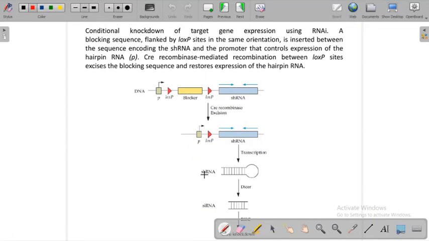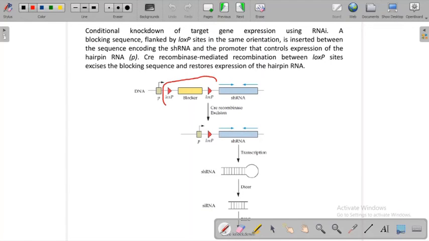Now, what is meant by conditional knockdown, conditional regulation of knockdown of target gene expression using this RNAi methodology? A blocking sequence, the blocker, will be cloned in between two LoxP sites in the same orientation. See here, guys.